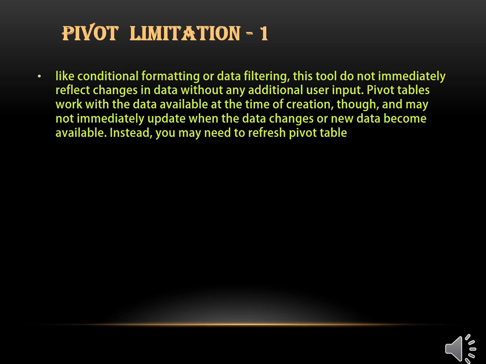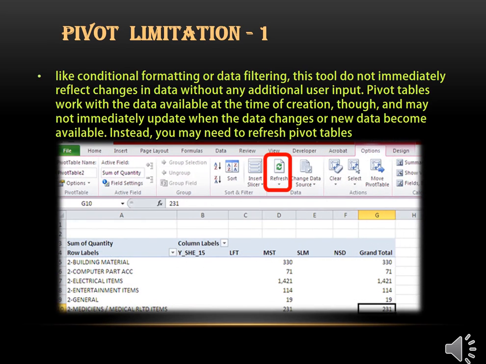A pivot table works with the data available at the time of creation, and may not immediately update when the data changes or new data becomes available. Instead, you may need to refresh the pivot table, as mentioned in the picture. While you have made any changes on the sheet on which you are applying the pivot table, you need to refresh the pivot table before using the pivot table option.